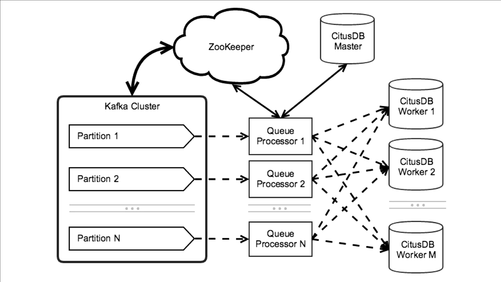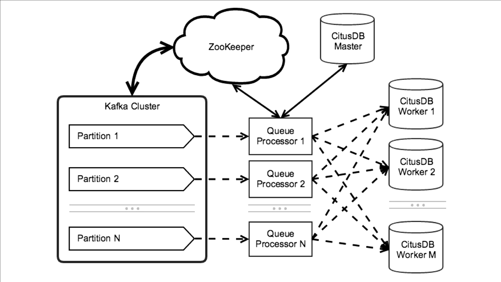Those queue processors talk to the Citus master to determine where the blobs belong for each of the blobs that we get. So they can write directly to the underlying workers, which is great. We don't have to stream everything through the Citus master. And as I mentioned, in Kafka, the consumer manages its own offsets.